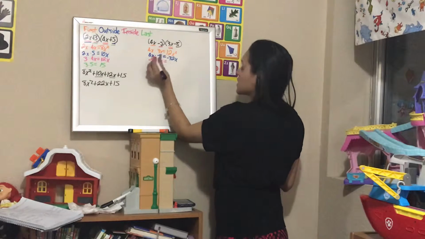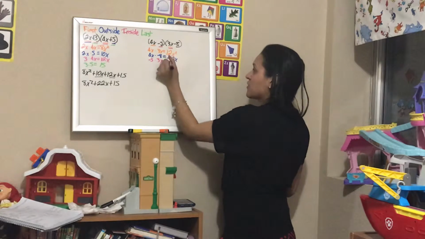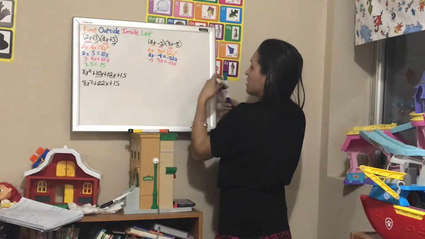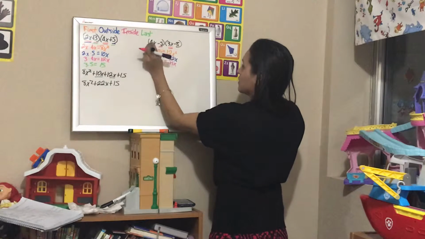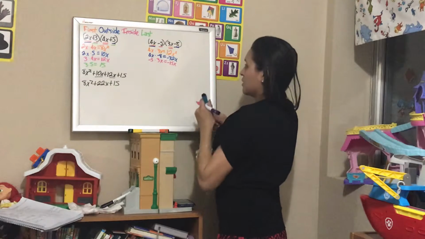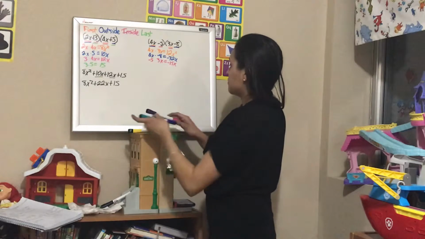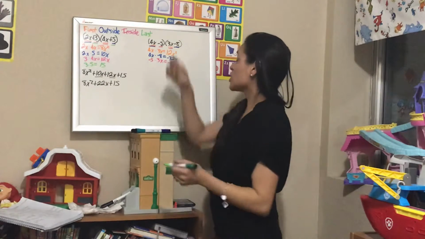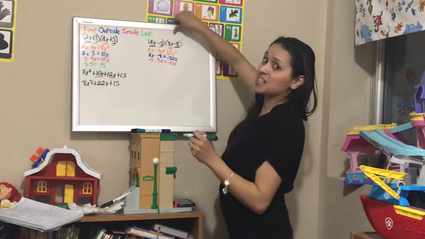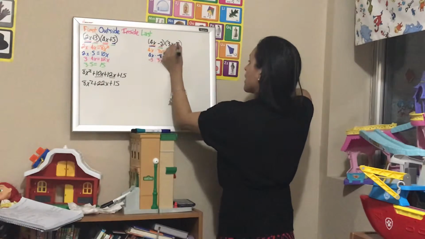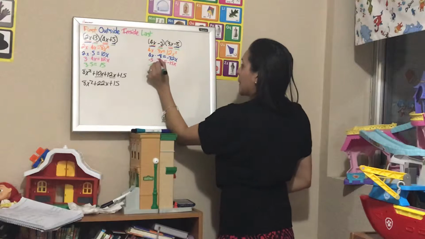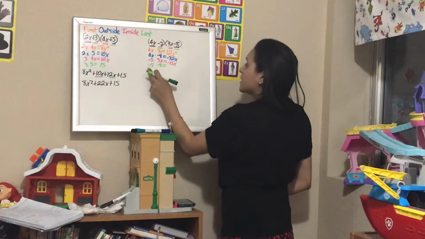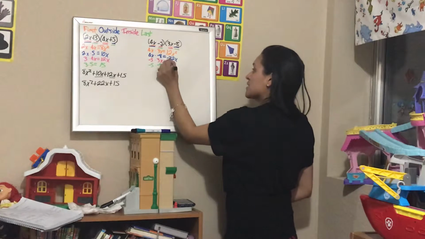And a negative times a positive will give us a negative 15x. Now our last terms are going to be negative 5 and negative 8. Negative times a negative is a positive 40.